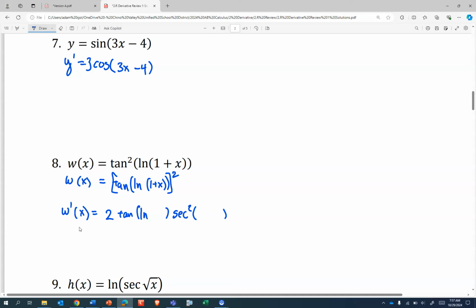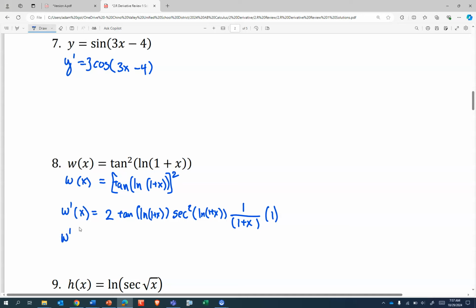and that stuff is natural log of something else, which goes in both here. And natural log has the derivative of 1 over that stuff. And what goes in there? 1 plus x. And the derivative of 1 plus x is just 1.